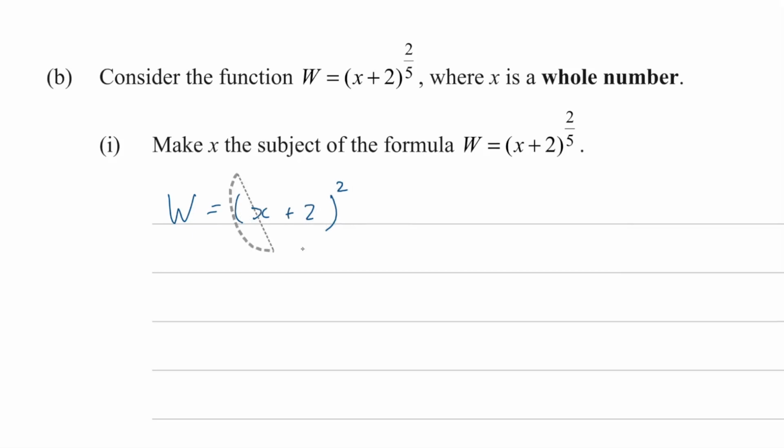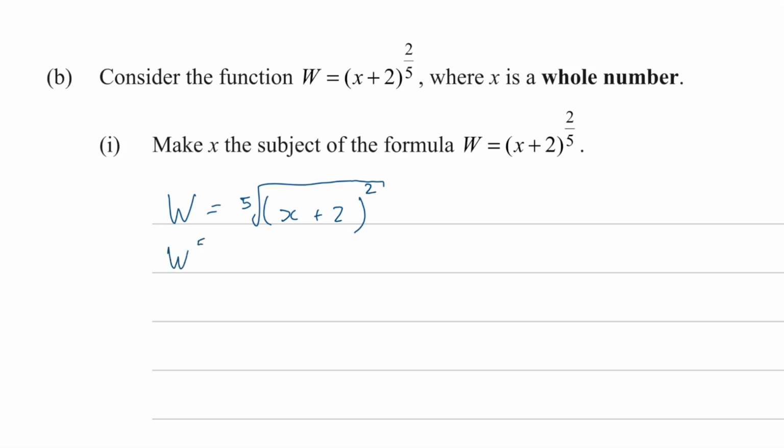It is the 5th root. So x plus 2 squared, and then the 5th root of that. Now, we didn't need to do this step necessarily, but I think it makes it look a bit easier, in that now we know we need to raise both sides of the equation to the power of 5 to eliminate that 5th root.